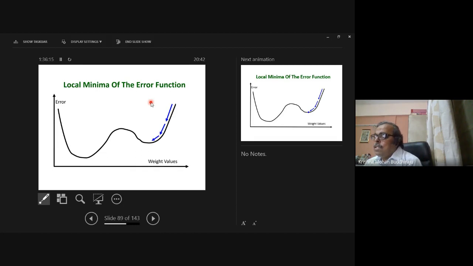Again, the same rule: move along the negative of the gradient. The only risk is that sometimes you may reach a minimum which is not the global minimum. The gradient becomes zero here and the weights don't change anymore, whereas you would have wanted the set of weights where the error is much less.